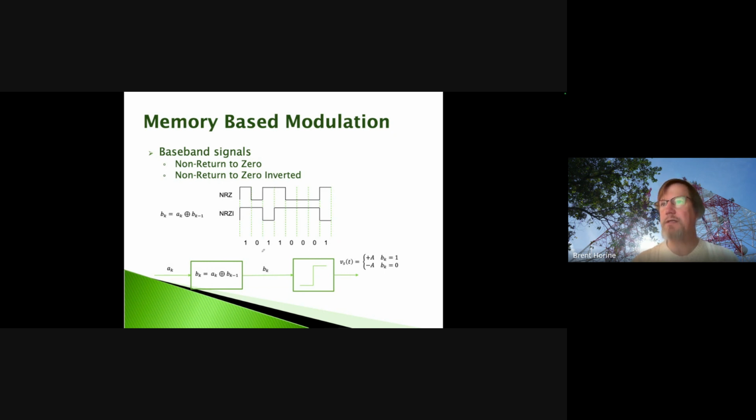So these are technically the symbols once they've been converted from logical to actual voltages, but AK are the bits coming in, and then we modify those with BK.